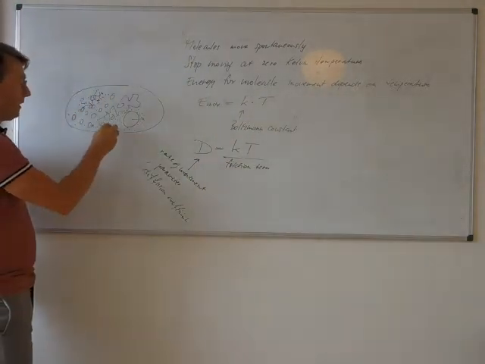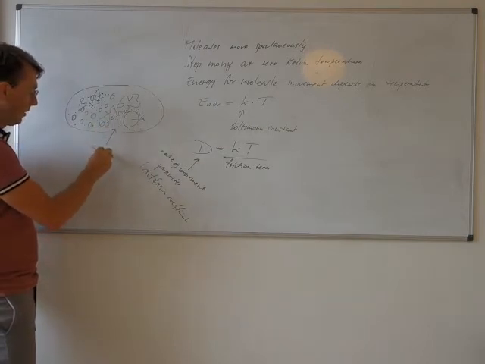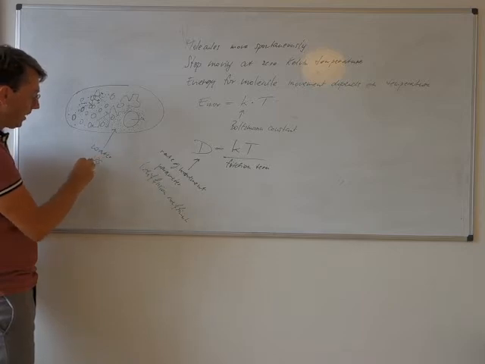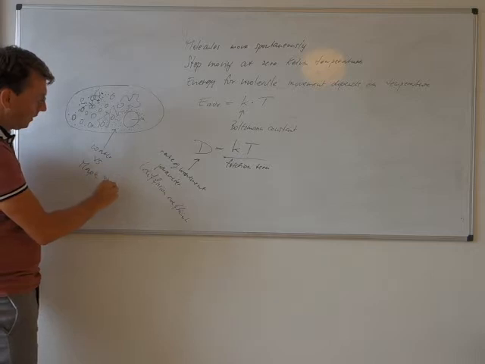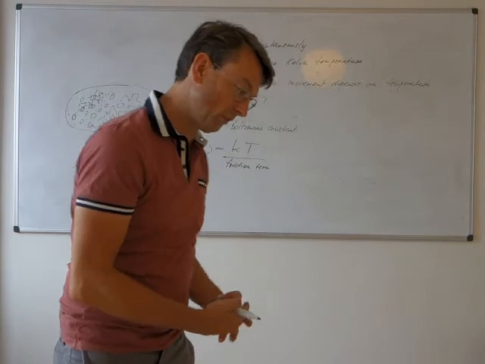Now, the other thing that is important, so this is now water. But if you would compare this to maple syrup, in maple syrup the molecules have more interactions amongst each other, right?